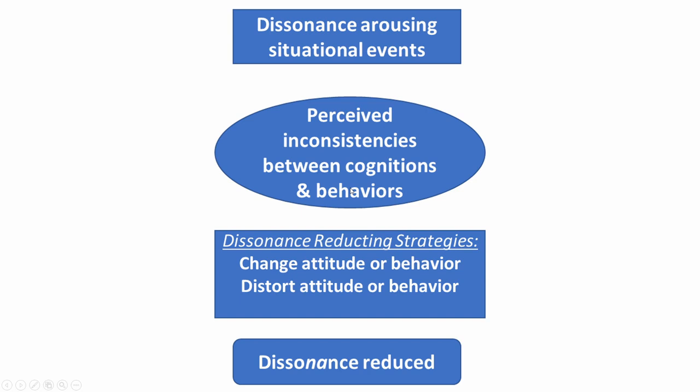We're going to perceive those inconsistencies, and then we're going to engage in some kind of dissonance reducing strategy. So where we change either our attitude or behavior, or distort our attitude or behavior. And when we do this, change or distort one of those two, we can reduce that feeling of dissonance.